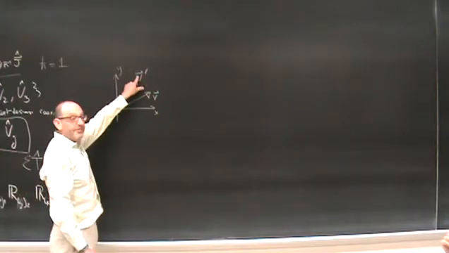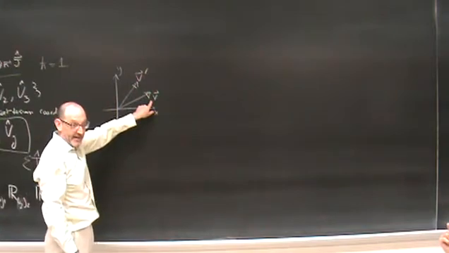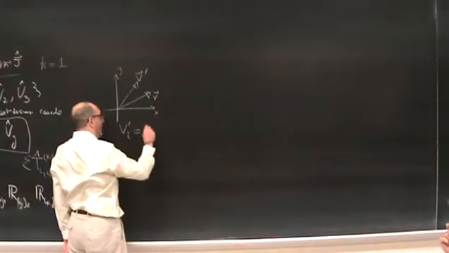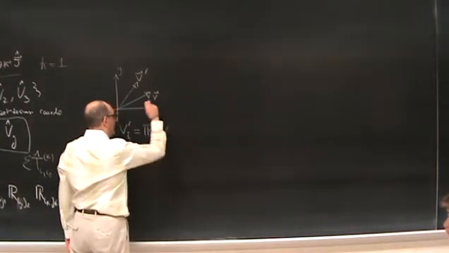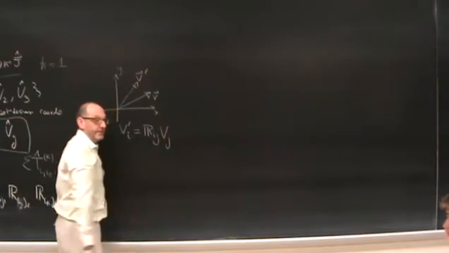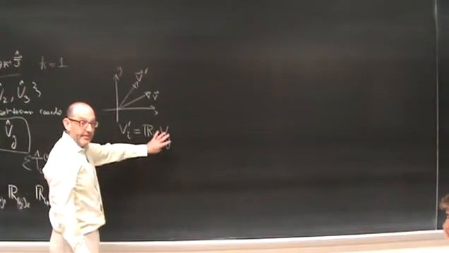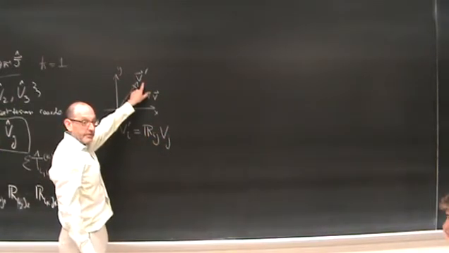However, the components of V prime are related to the components of V through a rotation matrix. So it tells me how to mix the components together to get these components.